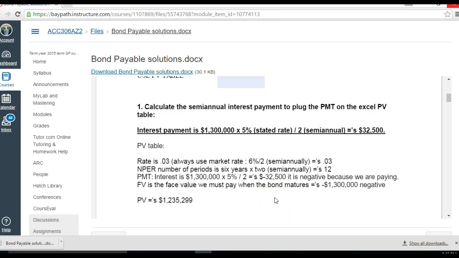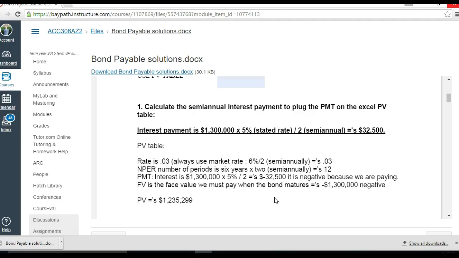Now, what we use for a rate is not the coupon rate, it's the market rate. So for the rate, we're going to use 0.03 because it's stated that the market rate is 6%, but as you know, in present value tables, if it's semi-annually, you divide 6% by 2. If it's quarterly, you would divide 6% by 4.